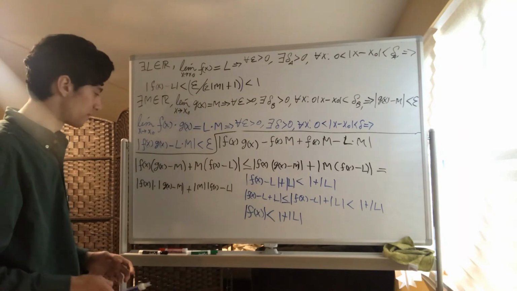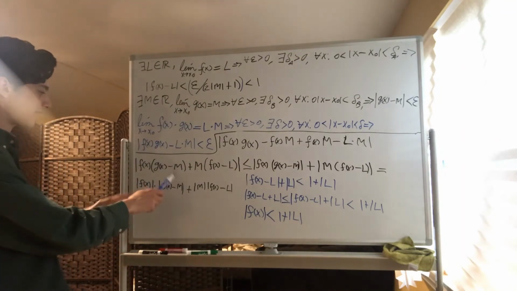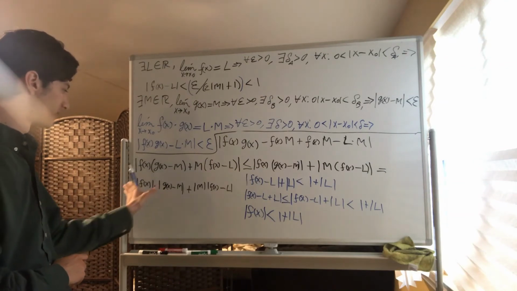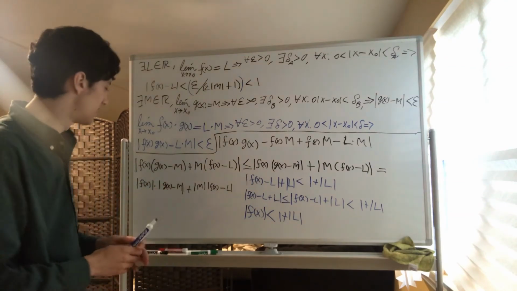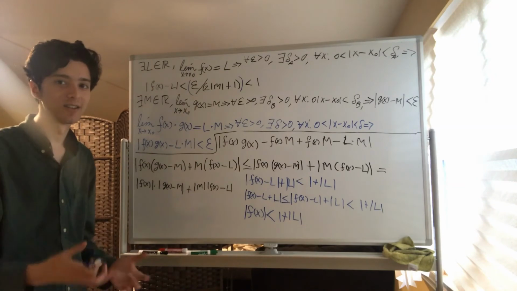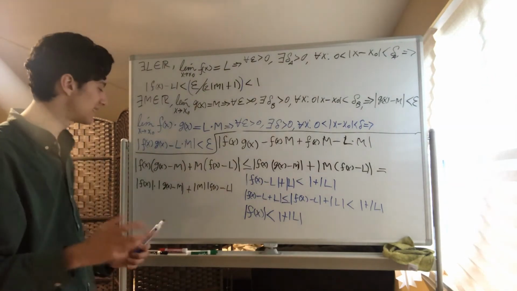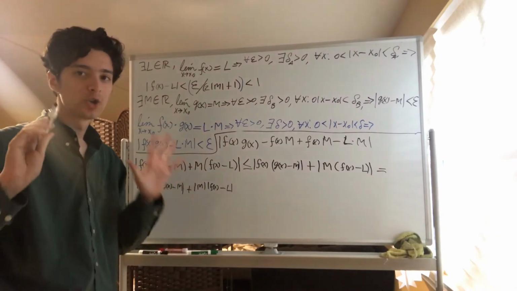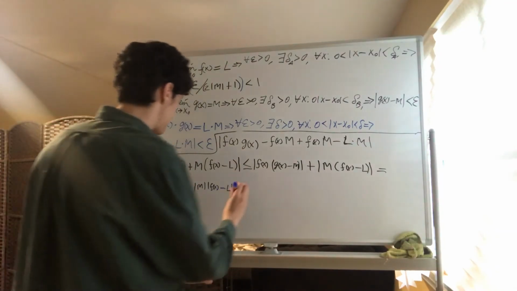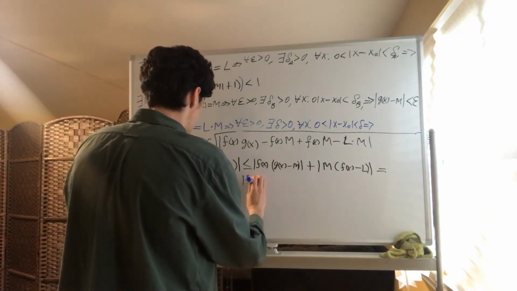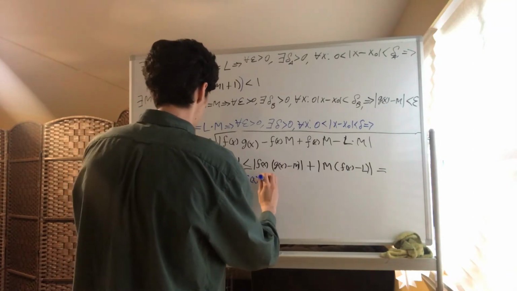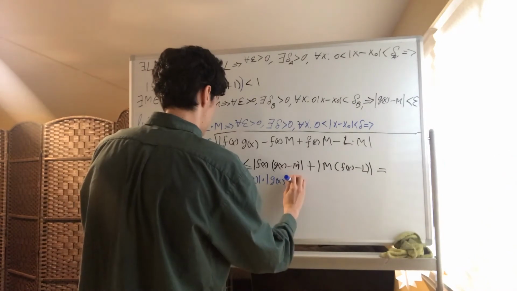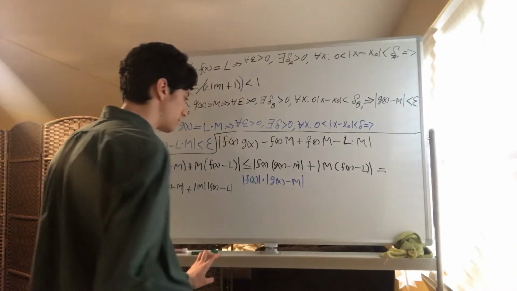So we have our |g(x) - m|, in absolute values, times our absolute value of f(x). This is less than this difference times a constant, which means we can isolate for this difference. So now we have the absolute value of f(x) times |g(x) - m|.